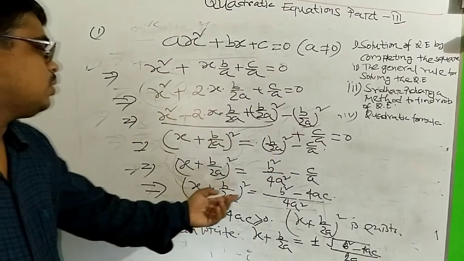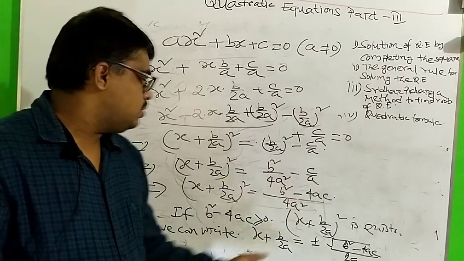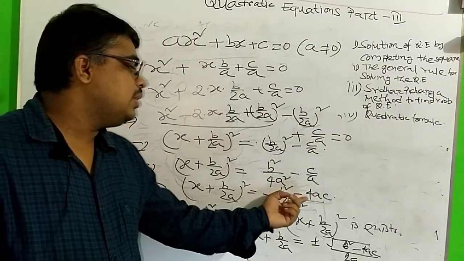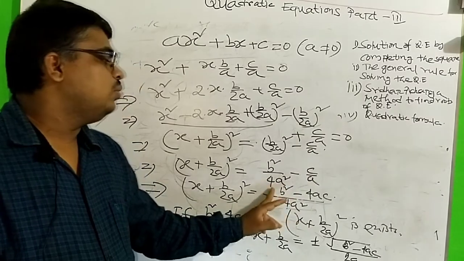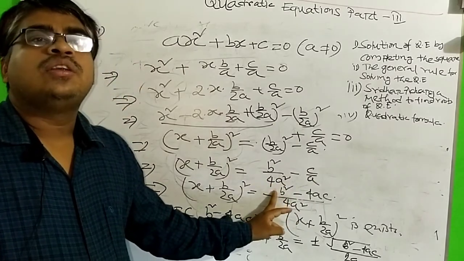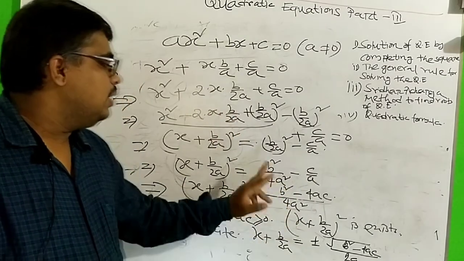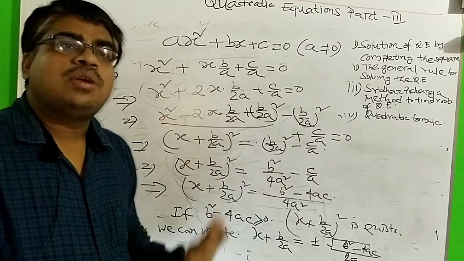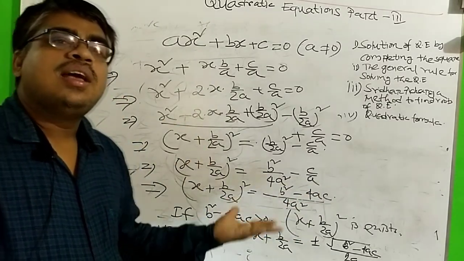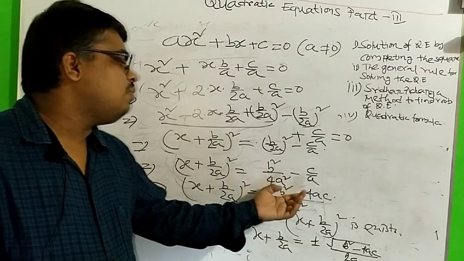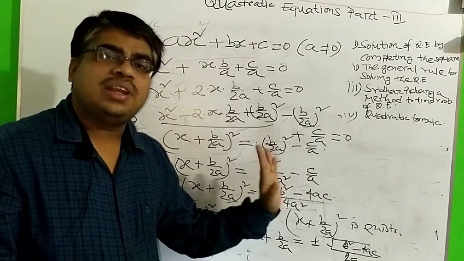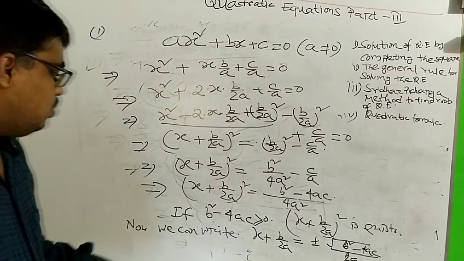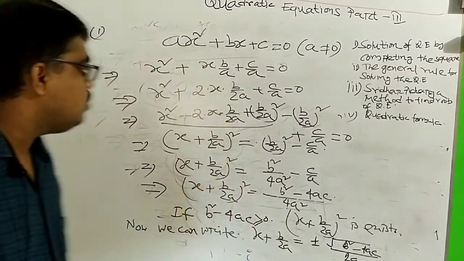We take the square root from both sides. If b square minus 4ac is less than 0, then there shall not be any square root of b square minus 4ac in the space of real numbers, in the set of real numbers. Okay. Thus we can write x plus b by 2a equal to it.